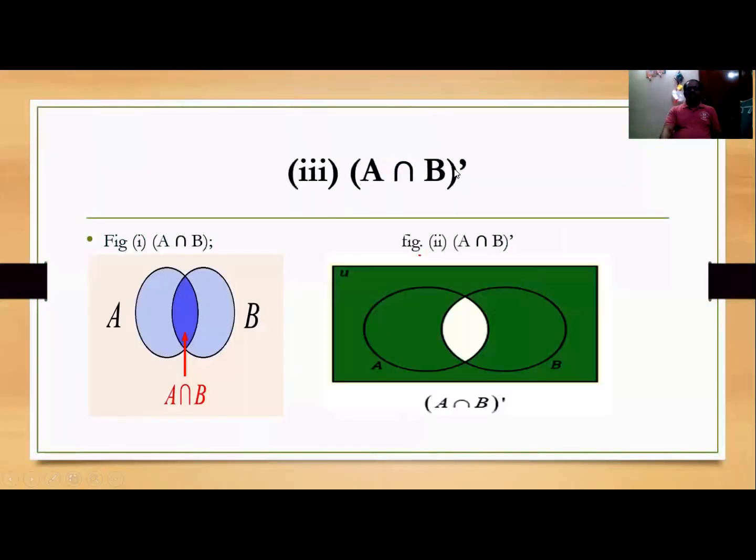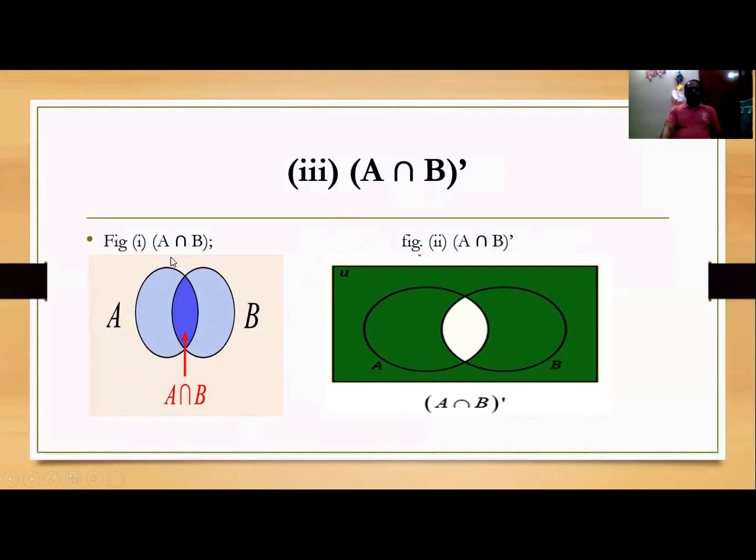So the next one is the Venn diagram of A intersection B complement. Right? So what it means is the complement of A intersection B. So again we need to draw two diagrams, first for A intersection B and then the second one for its complement.